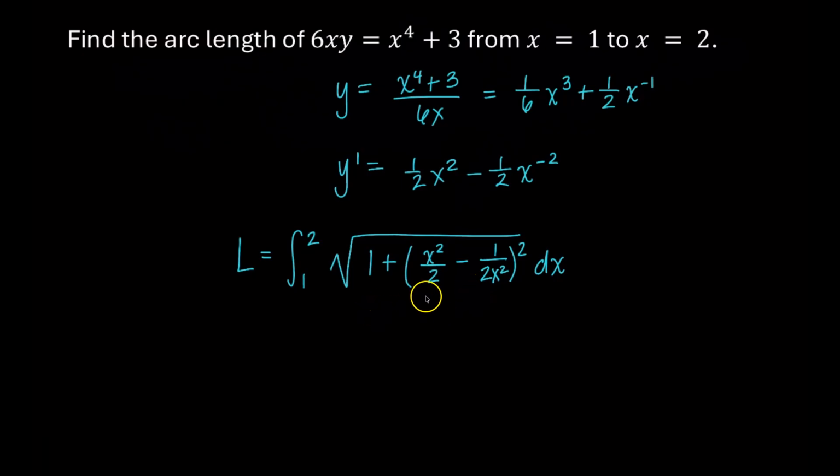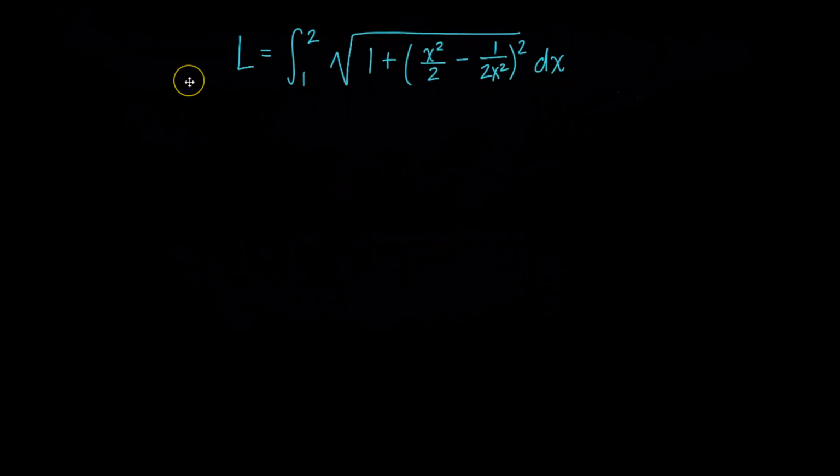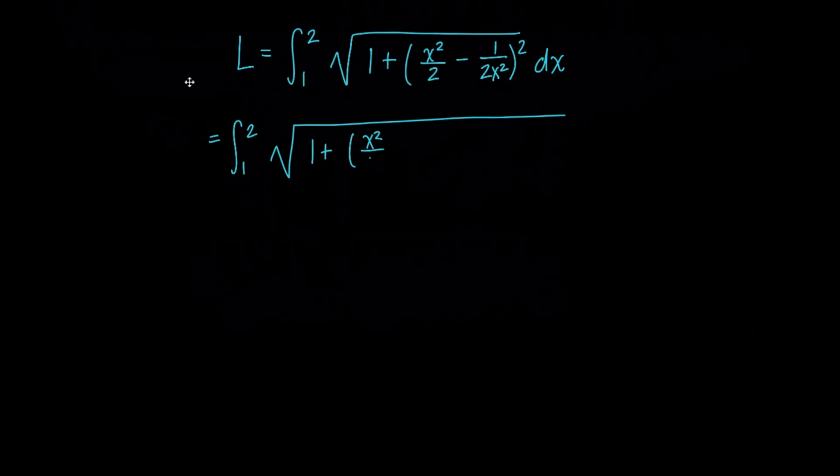All right, so now what I have to do inside here is distribute everything out and then combine like terms. So again, it's going to be pretty algebra intensive. Here we go. We have the integral from 1 to 2 of the square root of 1 plus x squared over 2 minus 1 over 2x squared times another copy of x squared over 2 minus 1 over 2x squared, dx.